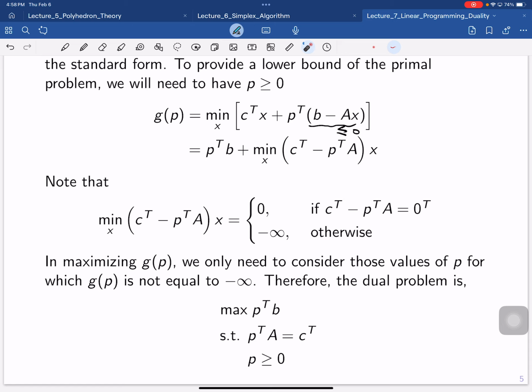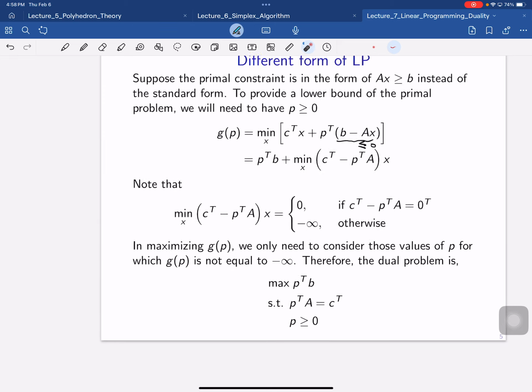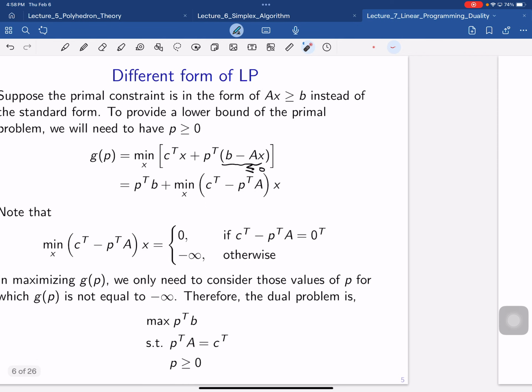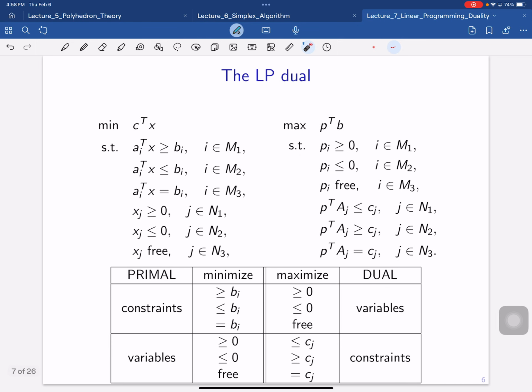Now you could try to derive the dual for different forms of the LP and just follow the steps of the proof we have already given you as an exercise. But after you have done the exercise, if you want to get the dual of the LP, you can refer to this table here.